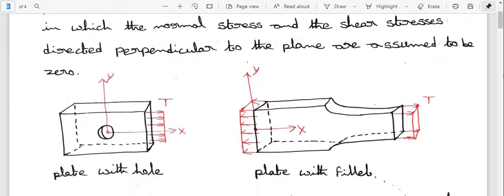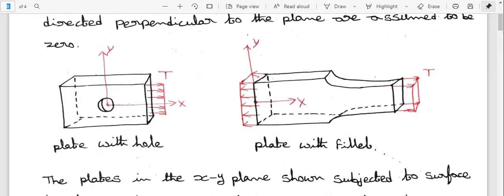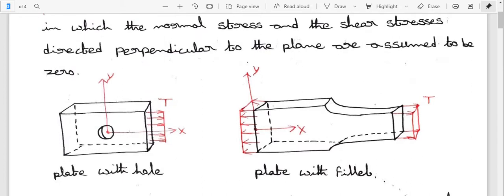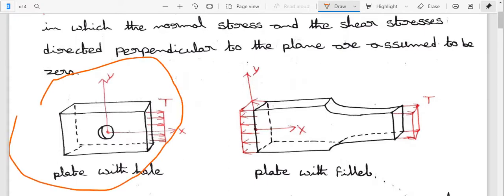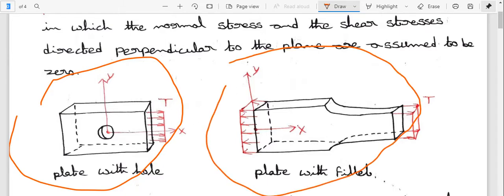So here in this diagram I am considering two diagrams, that means plate with hole and plate with fillet. The first diagram shows the plate in the xy plane subjected to surface traction.